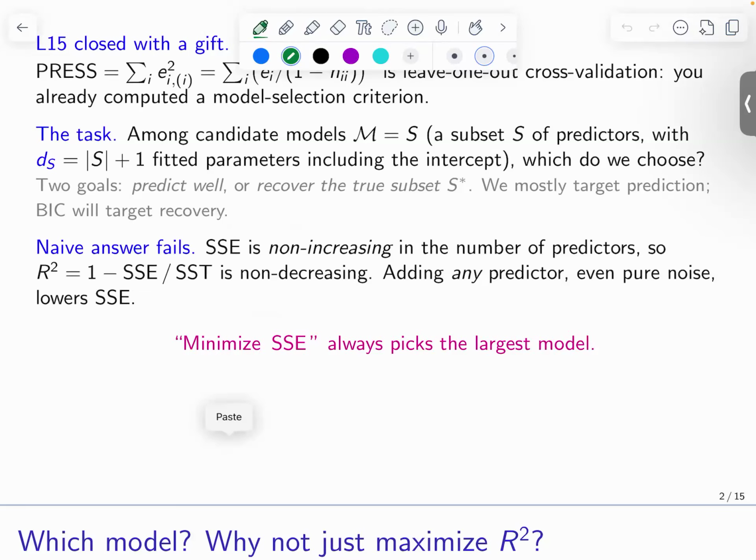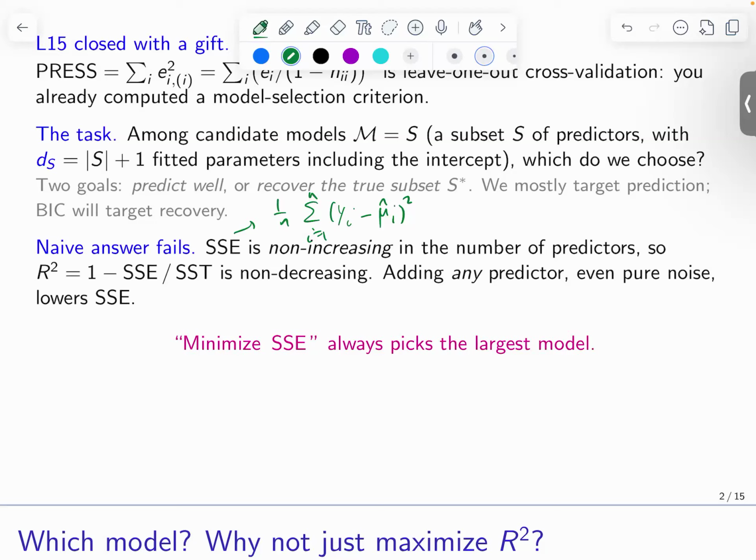SSE is measuring 1 over n, summation i from 1 to n, of y_i minus mu hat i. This was not good. Does anyone remember why this is not a good model selection criteria? I say if prediction is my goal, this is not good.